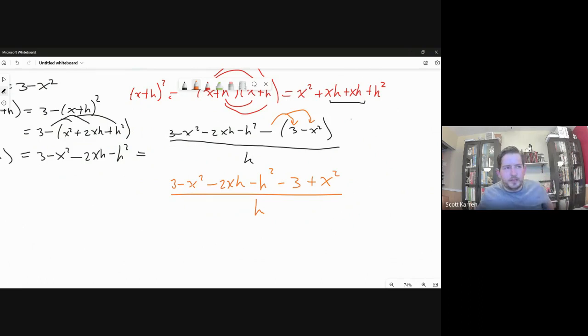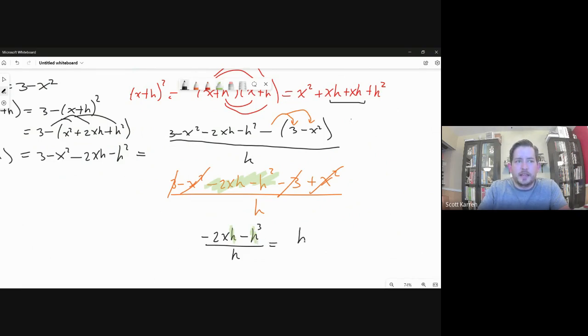And again, things cancel out. That's one of the beautiful things about this difference quotient, is a lot of stuff cancels out, like a positive 3 with a negative 3, a negative x squared with a positive x squared, and the only things that I have left up top are these two terms. And so this is now negative 2xh minus h squared over h. But you'll notice that there's an h in both terms up in the numerator, and so you can factor that out.